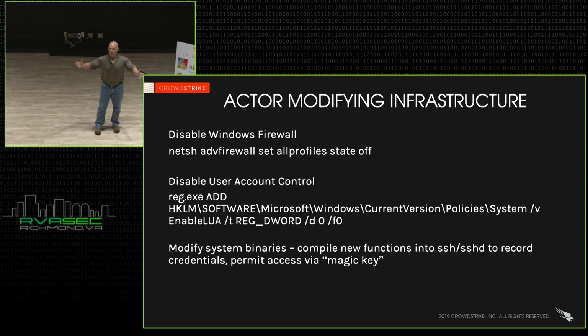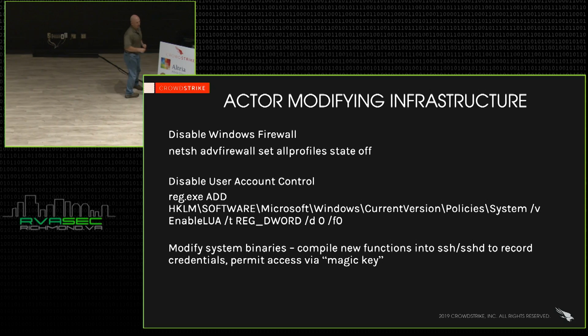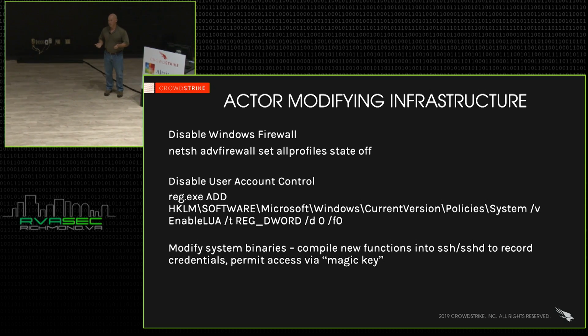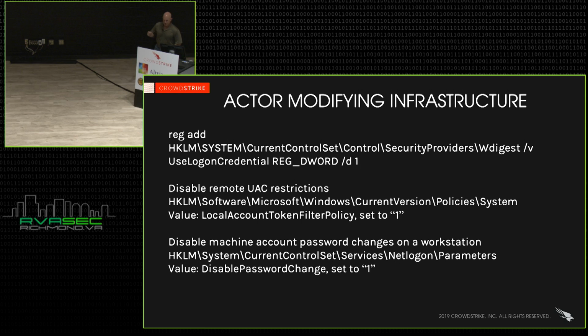We've just established credential theft for lateral movement, like all over. And SSHD had a magic key compiled into it. If you knew that password, you could log into SSHD and be running as root on that system. Anybody need the brown pants? This actually happens. Bad guys are modifying infrastructures to meet their needs.